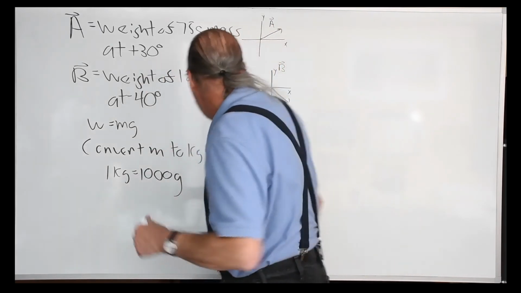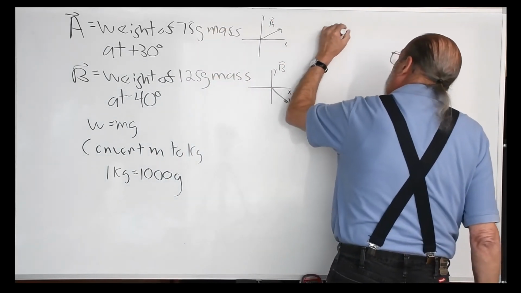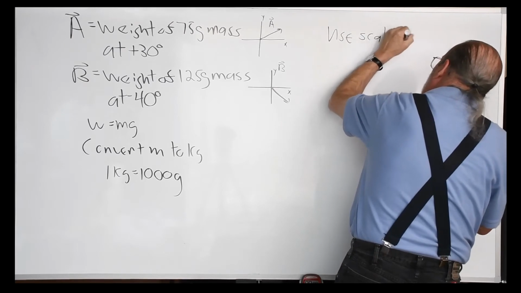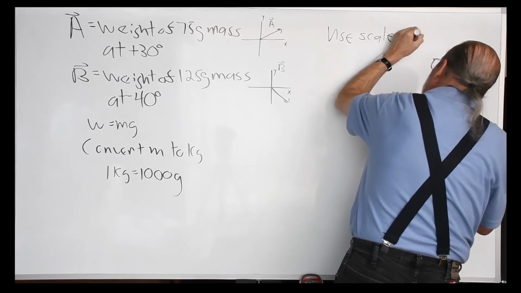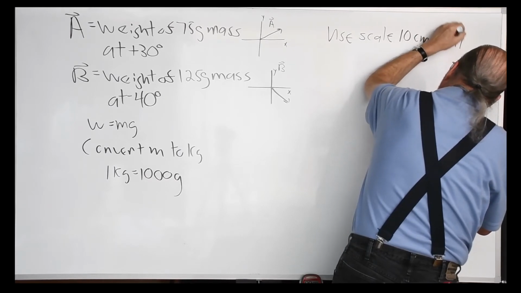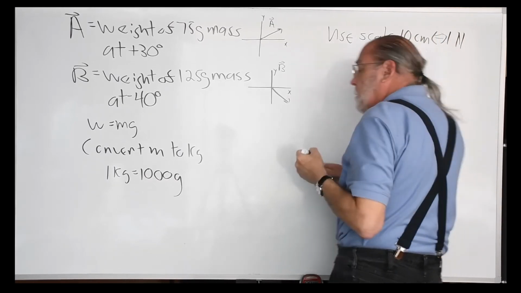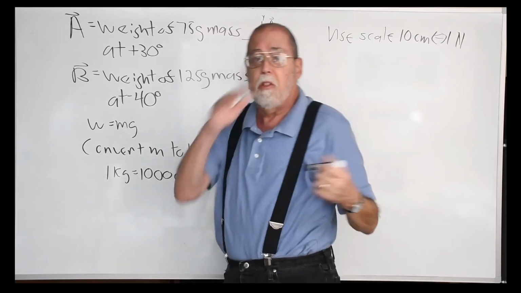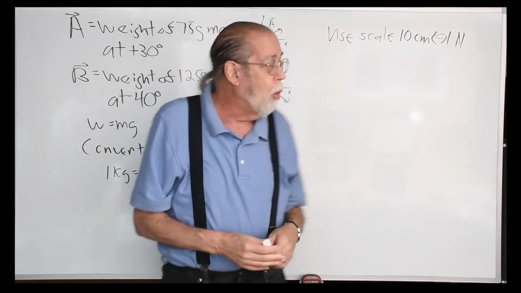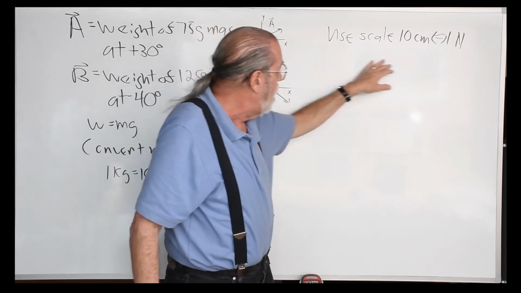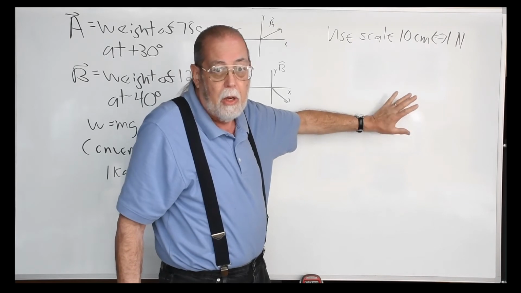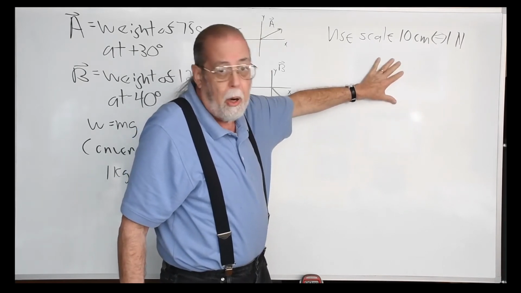You use the scale 10 centimeters corresponds to 1 newton, and find the length that you'll need for the second part of the lab when you're going to make the graph. We won't use the result of this calculation as part of the first part.